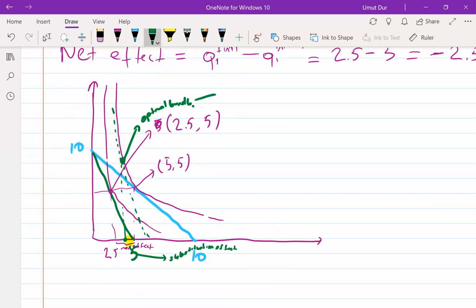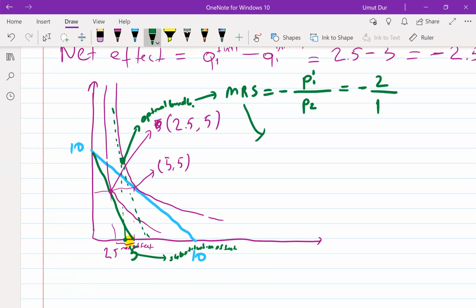For this optimum bundle, what I know is I can still use marginal rate of substitution is equal to the ratio of the price. But now, since it is parallel to the final budget line, for the ratio of the prices, I will use the new prices. So what is the new price? It is 2 and 1.